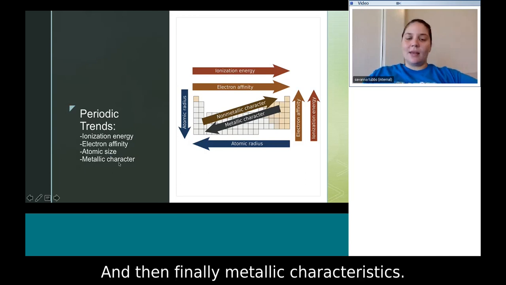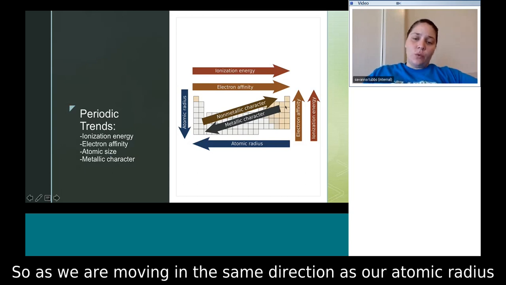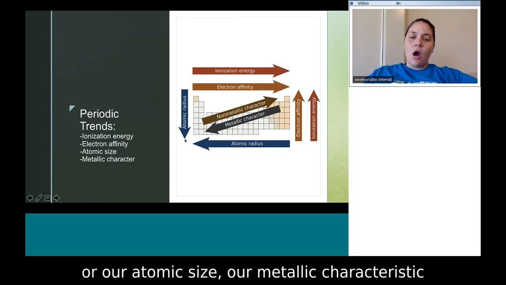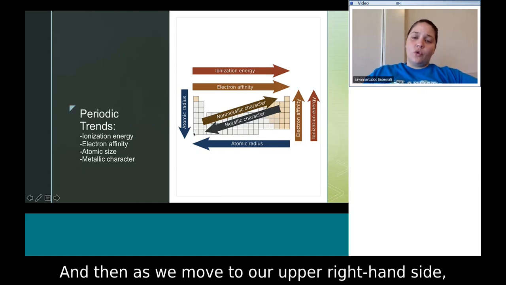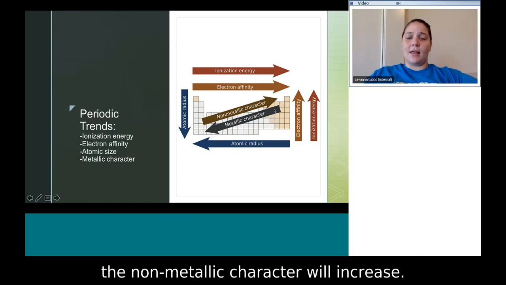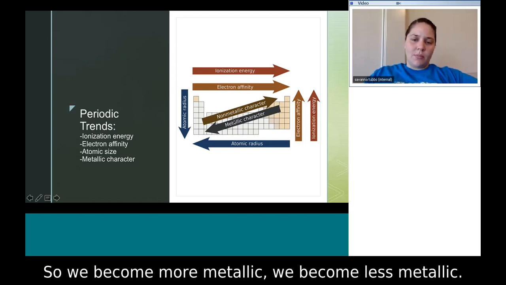And then finally, metallic characteristics. So as we are moving in the same direction as our atomic radius or our atomic size, our metallic characteristic is going to increase. And then as we move to our upper right-hand side, the non-metallic character will increase.